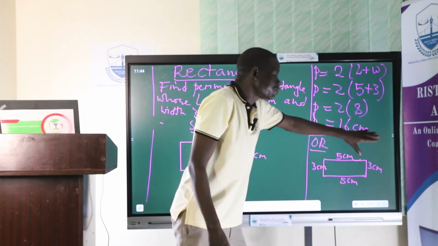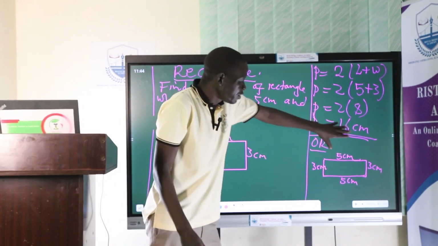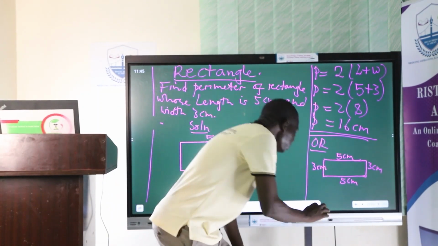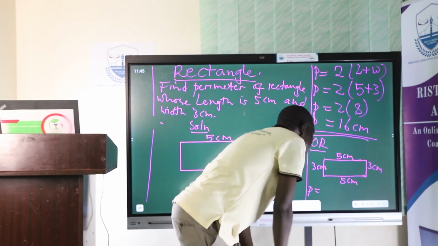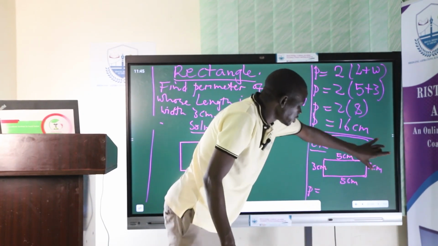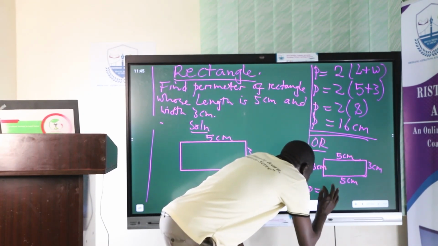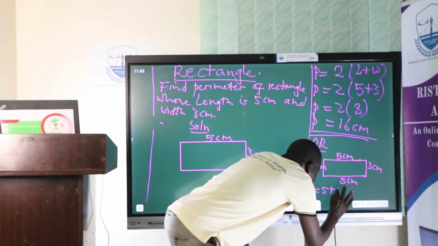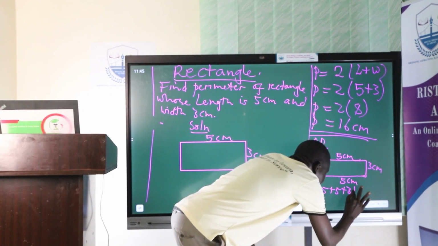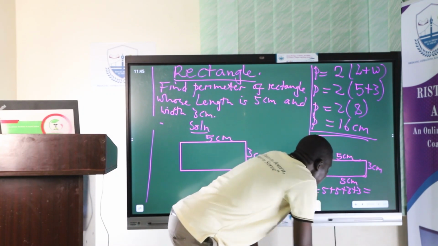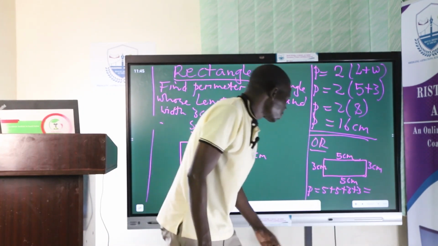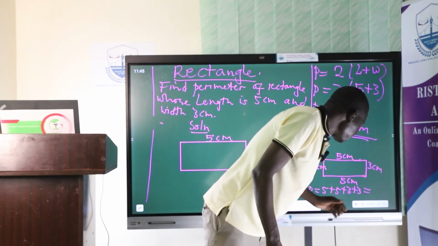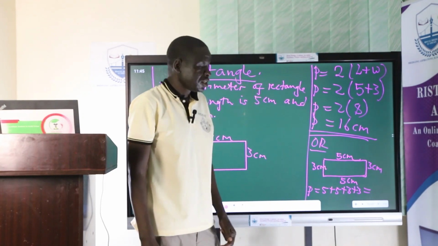So perimeter will be equal to adding everything. So perimeter will be side plus side plus side plus side, which is 5 plus 5 plus 3 plus 3, giving us 5 plus 5, we get 10.